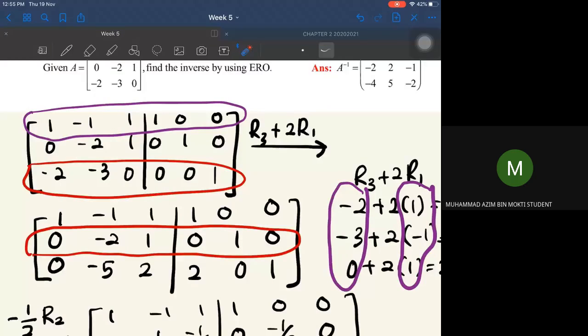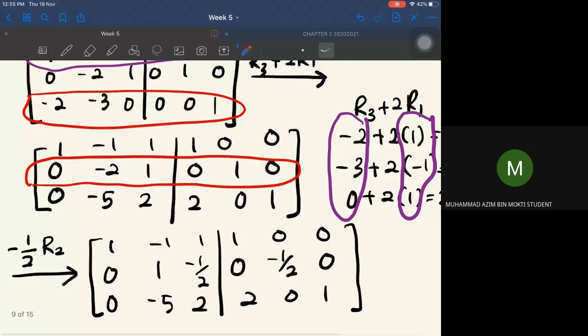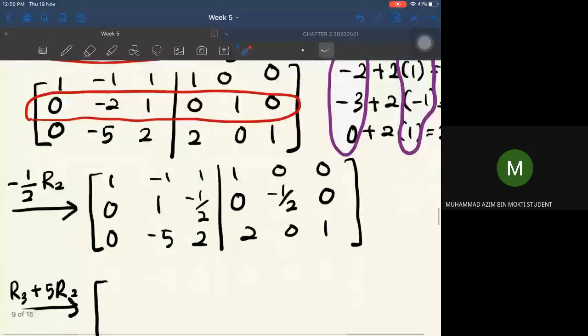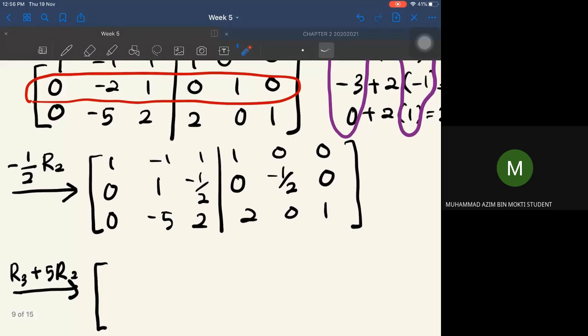Okay. Sekarang ni, awak ada negatif 5, awak tak boleh bergantung pada 1. Kalau awak bergantung pada satu, dia tak jadi kosong. Oh, sorry yang ni. Awak tak boleh bergantung pada satu ni. Row satu dia tak jadi kosong. So, you kena bergantung kepada row 2.